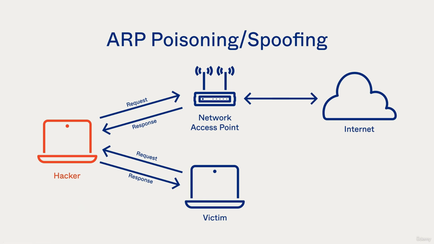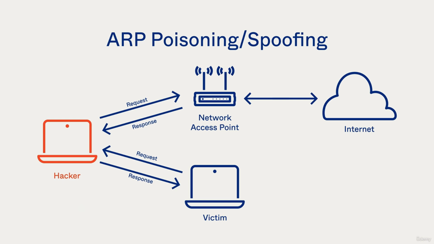Once the attacker successfully intercepts the traffic, they can monitor, alter, or block the data being transmitted. ARP poisoning is often used to facilitate MITM, man-in-the-middle attacks, where the attackers can eavesdrop on communications or inject malicious data. To execute ARP poisoning, an attacker typically needs to be on the same subnet as the target, making it a common threat in LANs, local area networks.